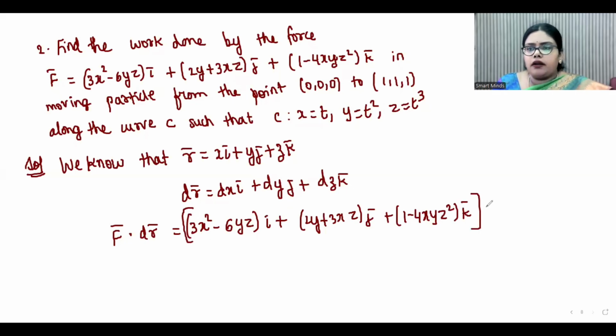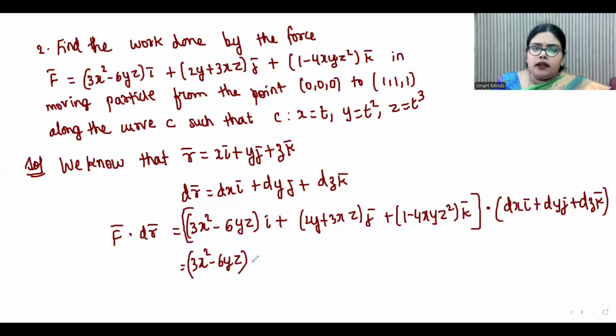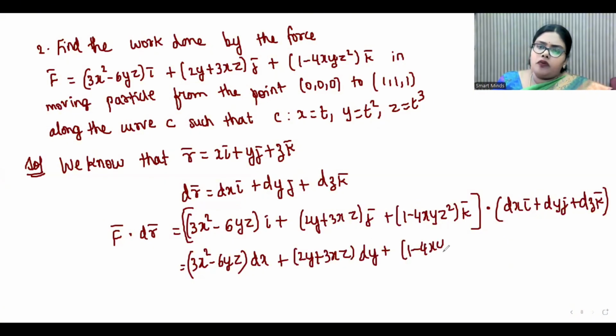This is f bar dot dr bar, which is dx i bar plus dy j bar plus dz k bar. Now we need to find the dot product. So multiply i bar with i bar, j bar with j bar, k bar with k bar. So (3x square minus 6yz) into dx plus (2y plus 3xz) into dy plus (1 minus 4xyz square) into dz.